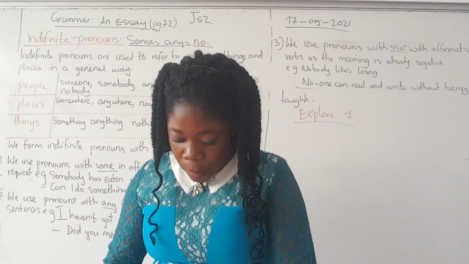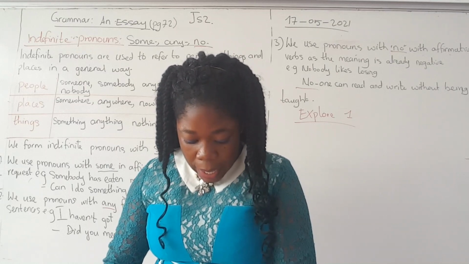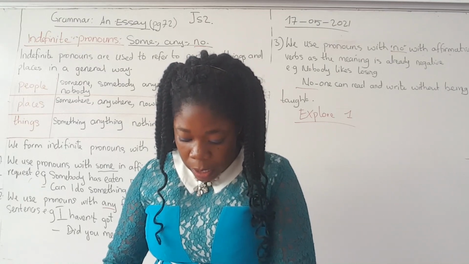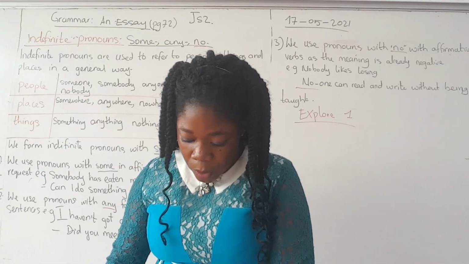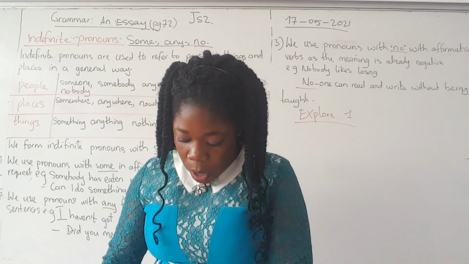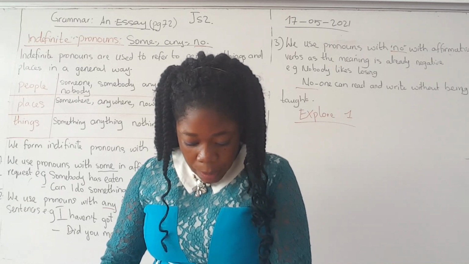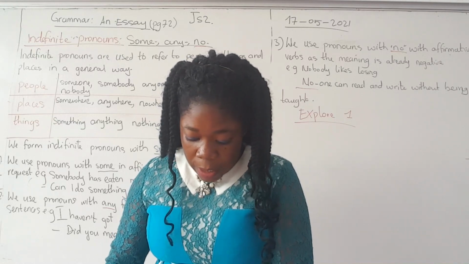Let's go back to number 2. Number 2 is any. We have anybody, anyone. The one that is lacking there is anything. Number 3, we already have no one, nobody, and the one that is missing there is nothing.